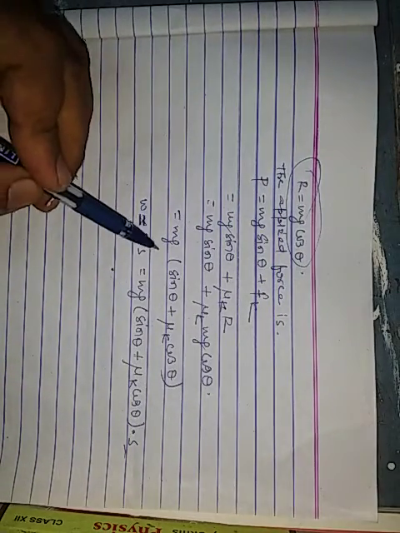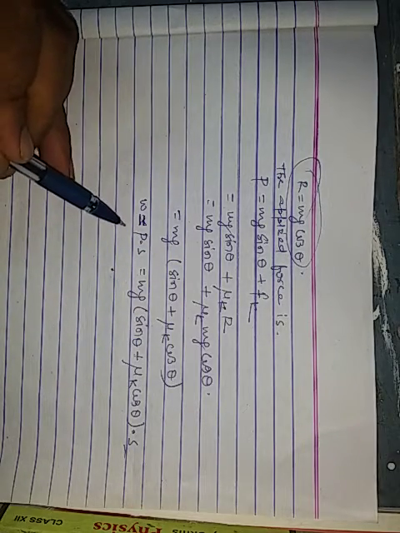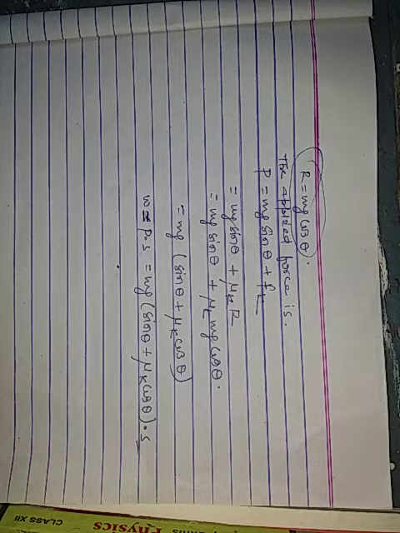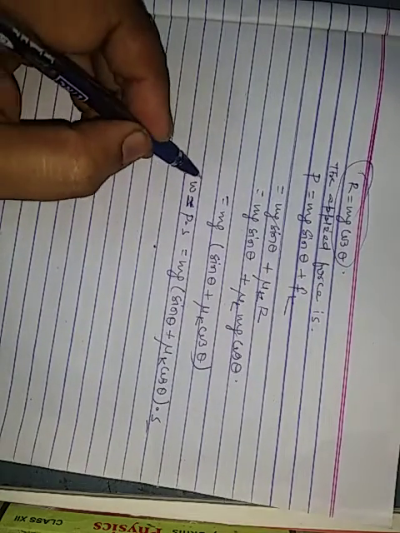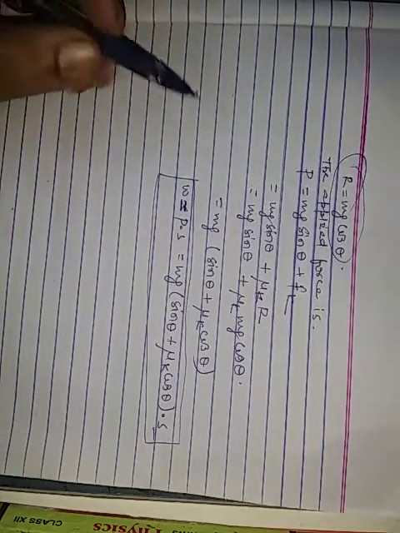So mg is common: mg (sin theta plus mu k cos theta). And W is equal to P into S, applied force into displacement. So in place of P we write mg (sin theta plus mu k cos theta) into S. It is the required expression for work done in moving a body up an inclined plane.